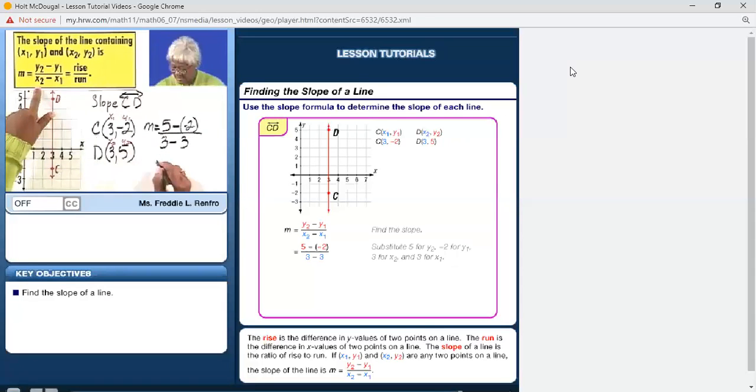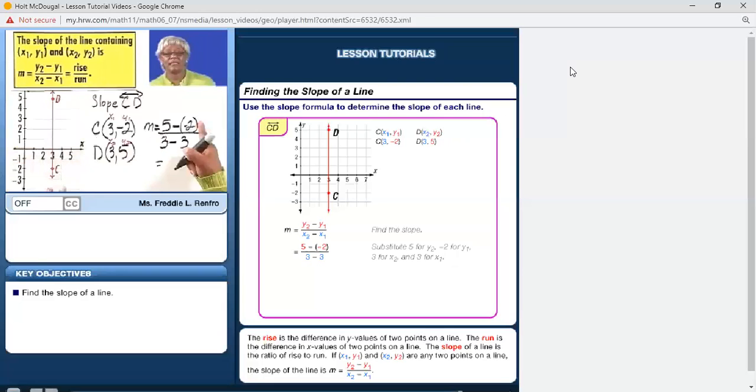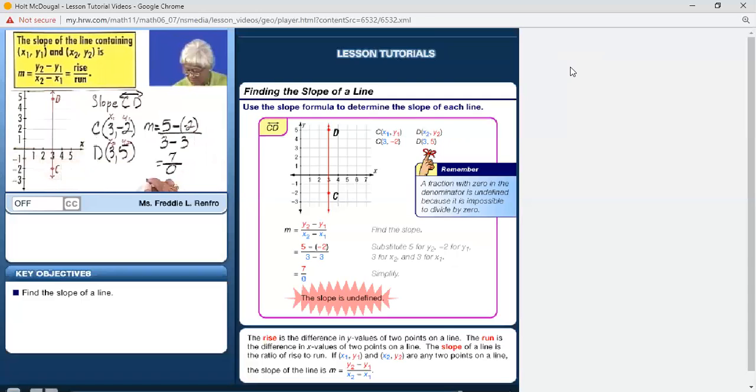What do we get? 5 minus a negative 2. Remember, you add the opposite, so that's going to be 7 over 0. But division by 0 is undefined. So our slope in this case is undefined.